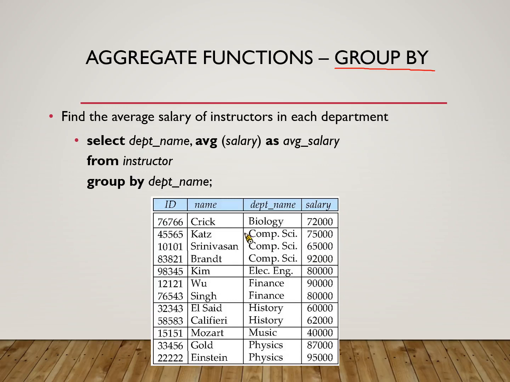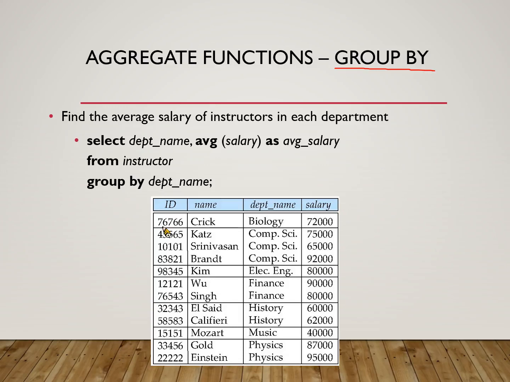For example, there is only one instructor in the biology department, so the average salary is $72,000. As to computer science, there are 3 instructors belonging to this department. We can calculate the average salary from these 3 salary data.